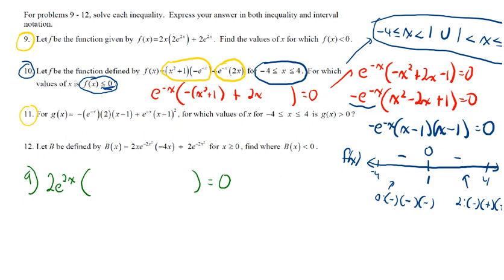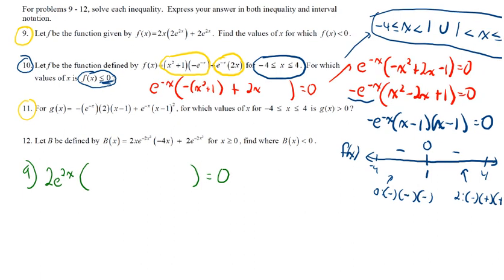If I test negative 1, well, 2e to the negative 2. E to anything is positive. Positive times positive is positive. And 2 times negative 1 plus 1 would be negative. That's negative. Now, because there's no square on this, it's not going to be the same on the other side, but let's just take a minute.